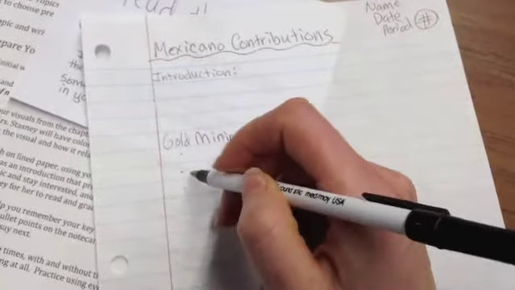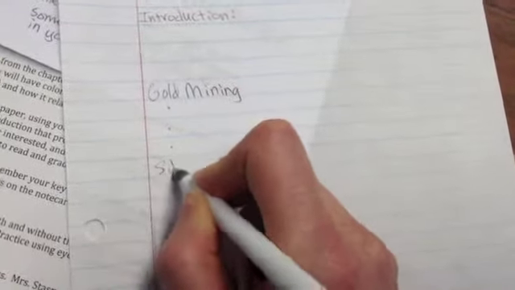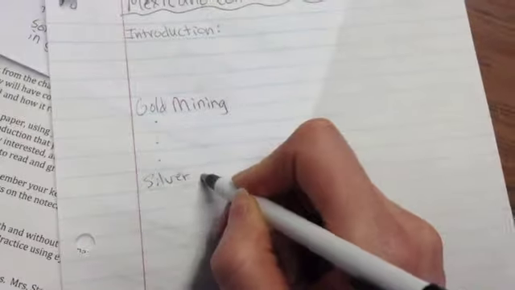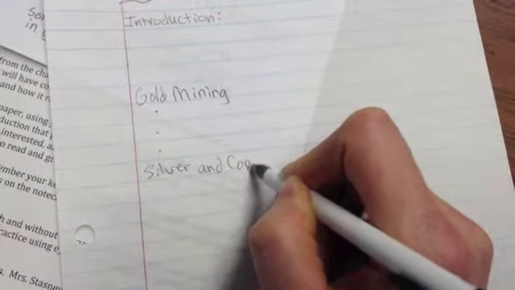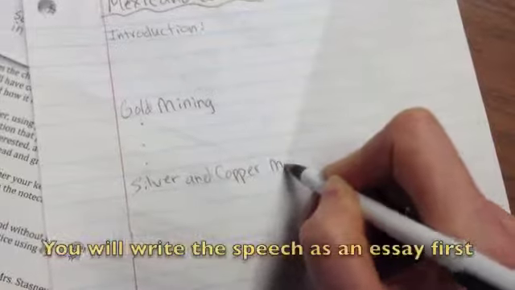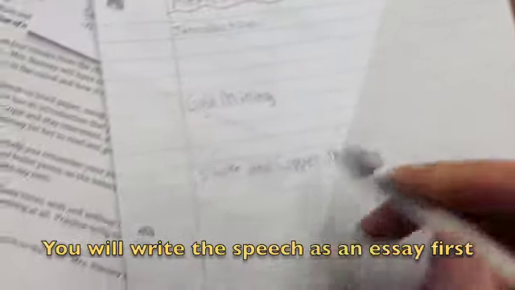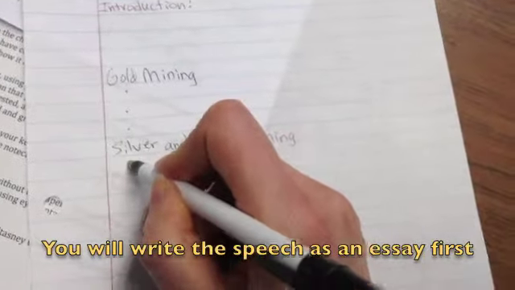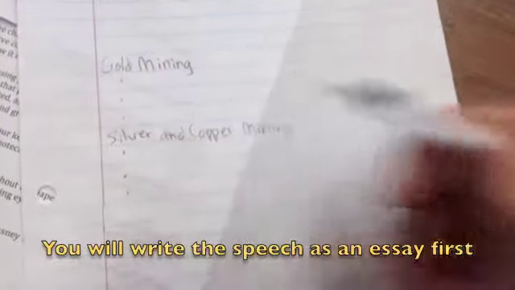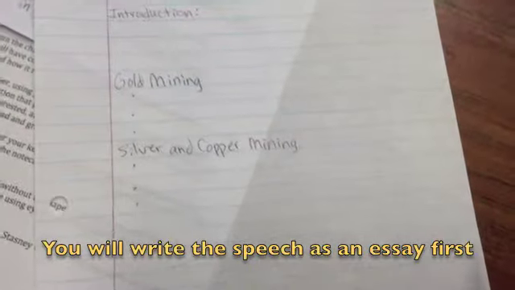So I would read and take the notes, then I would move on to silver and copper mining and put that as another heading over here. This way, when I go to write my paper, I will have notes that are really easy to turn into a speech.